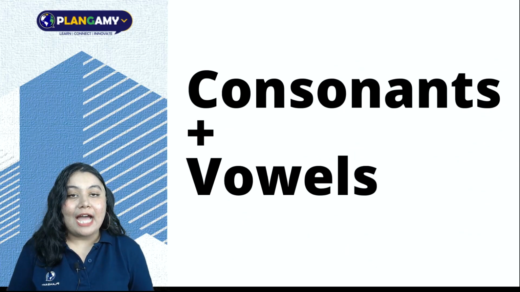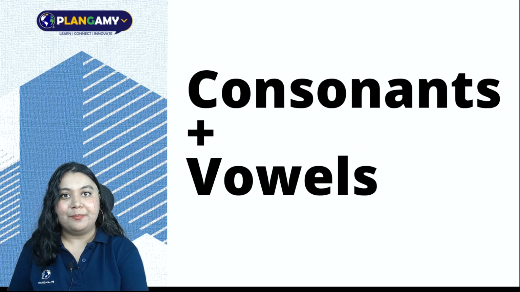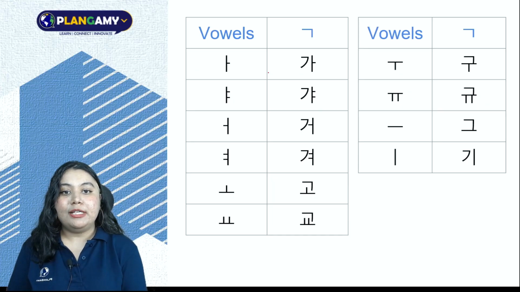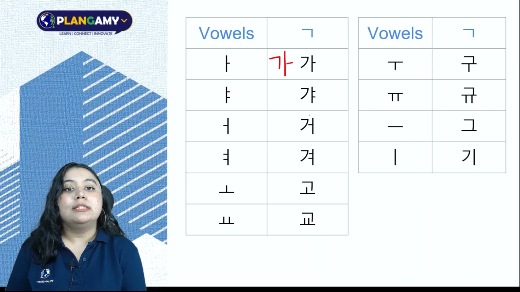Now let's try adding consonants and vowels together. I'll take the first basic consonant that we learned, gh, and I'll add the first simple vowel that we learned, a.